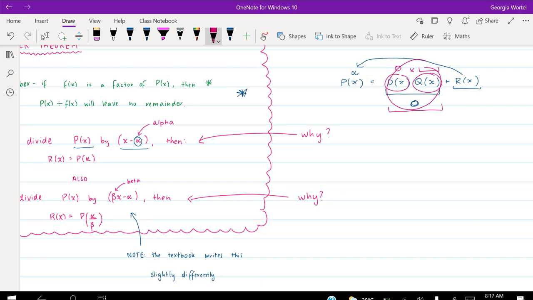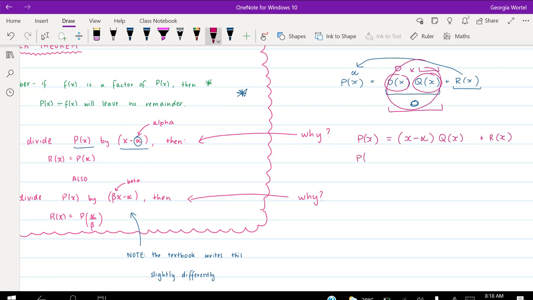Now, our theorem also states that we're dividing p of x by x minus alpha. So we know that our divisor is actually x minus alpha. We still don't know what the quotient is, and we have this remainder. We know the remainder has to equal p of alpha.